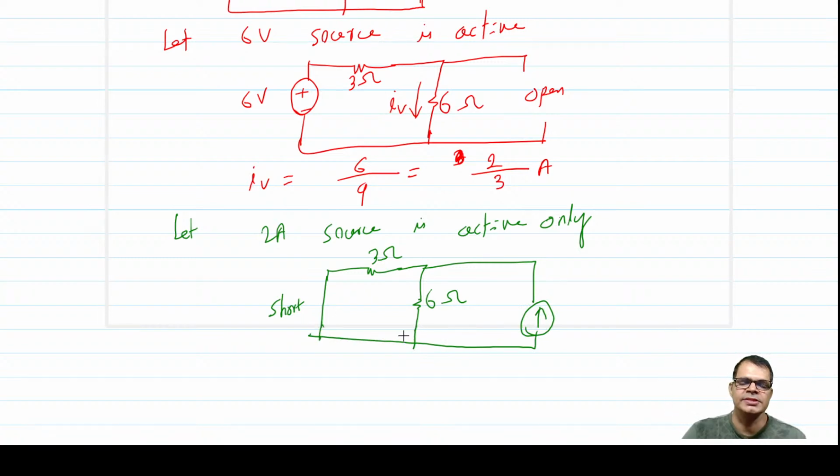Never change the orientation of the current, because they have asked for the current in the downward orientation. So this is the current due to the current source.